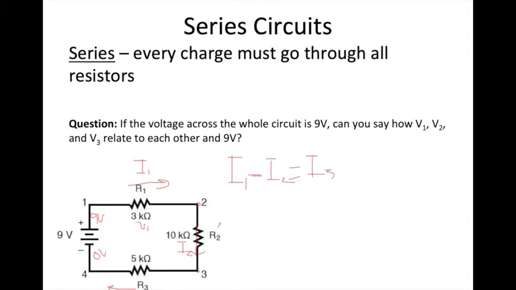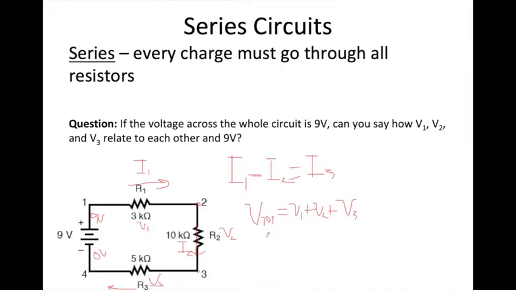So I drop by an amount V1. If I cross resistor 2, I drop by some amount V2. And if I cross resistor 3, I drop by some amount V3. And then I'm back to where I started. So I think it should be pretty obvious that the 9 volts here, which I'm just going to call V total, has to equal V1 plus V2 plus V3.